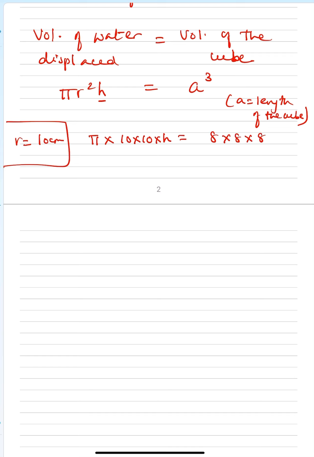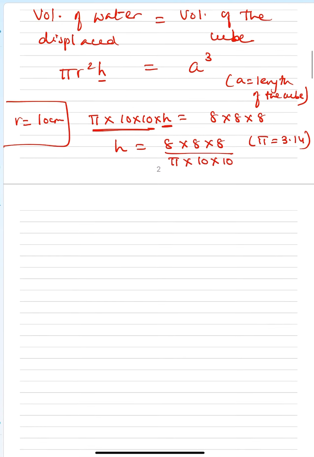I will not write 8 cube right now. Keep it as simple as possible. Now we need to find h. Taking all these terms to the other side of the equal sign, it will be in division. So pi into 10 into 10. Here I will be taking the value of pi as 3.14.